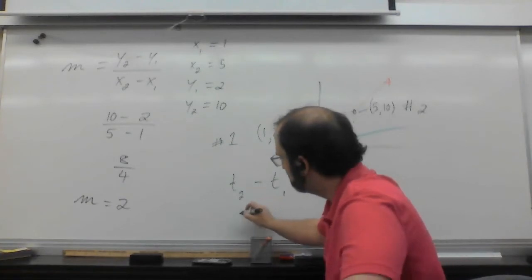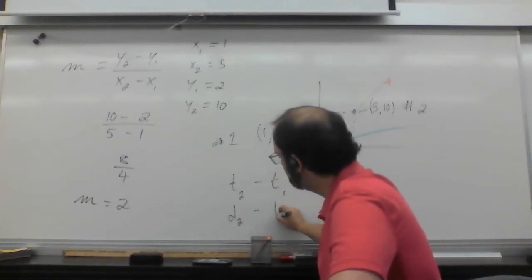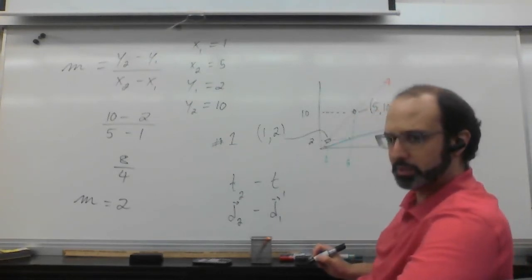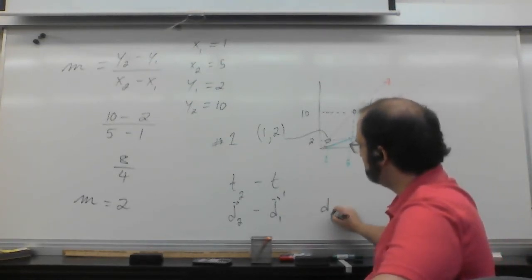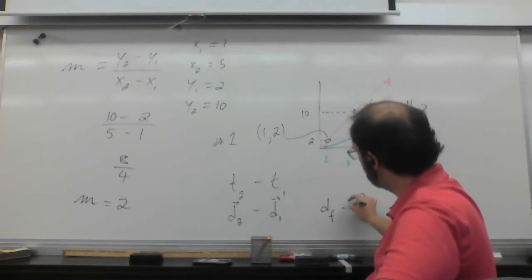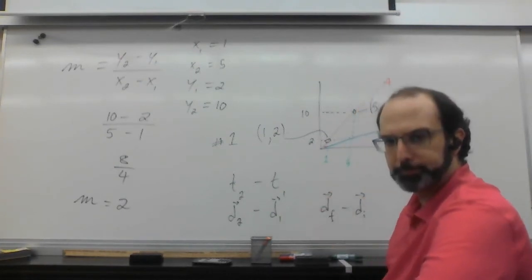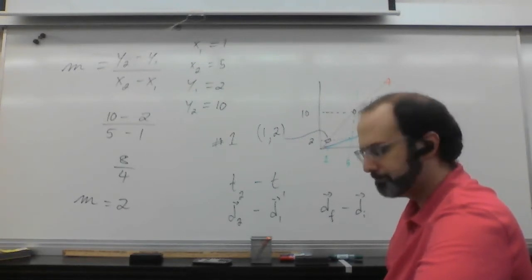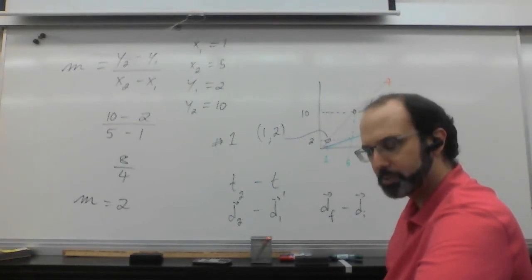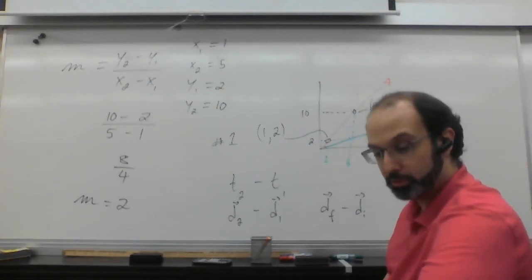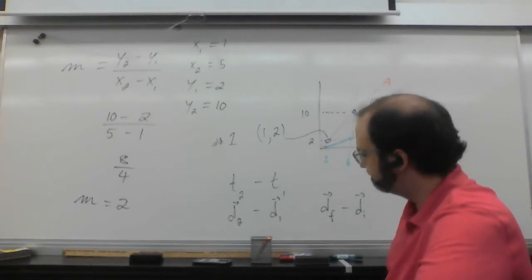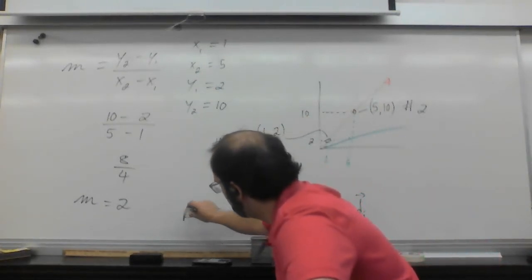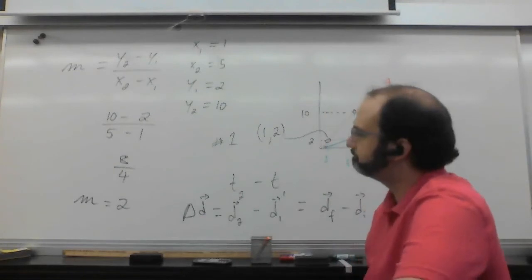Or maybe d2 minus d1? Or maybe you don't remember seeing it with 2's and 1's, but maybe you saw df minus di. What does that mean? Some of you maybe have flipped back. Some of you have noticed it. These all mean delta d.